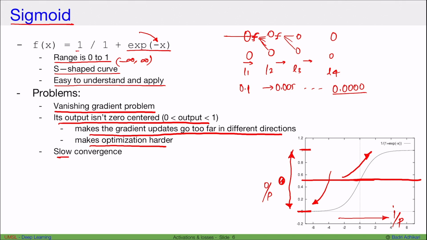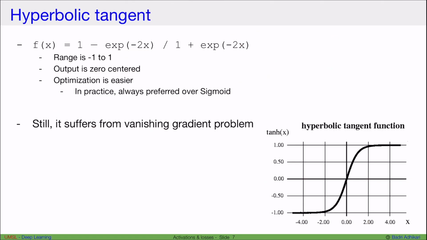Also, sigmoid converges slowly. The convergence with sigmoid is historically, as known from logistic regression, very slow. Another common activation function is hyperbolic tangent, sometimes used in place of the sigmoid function.